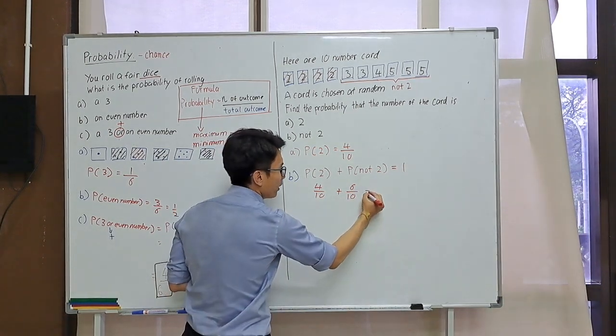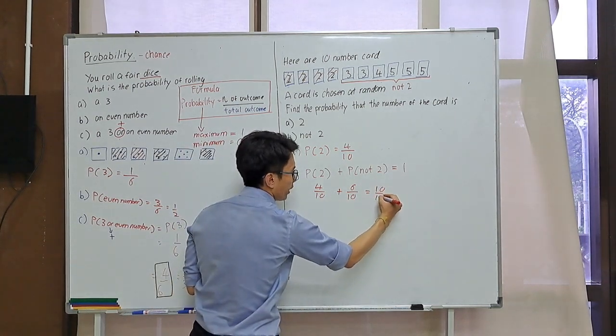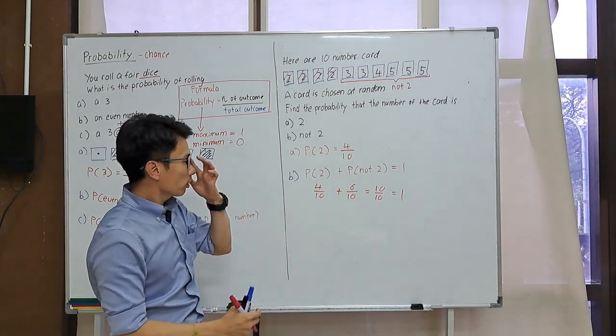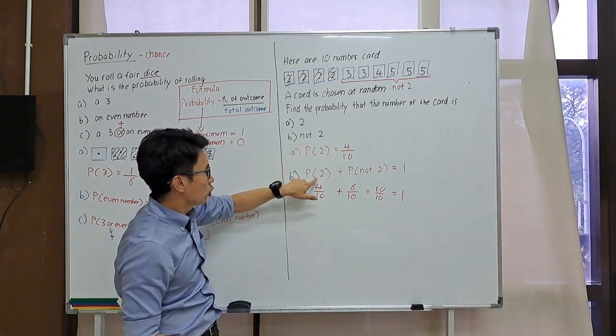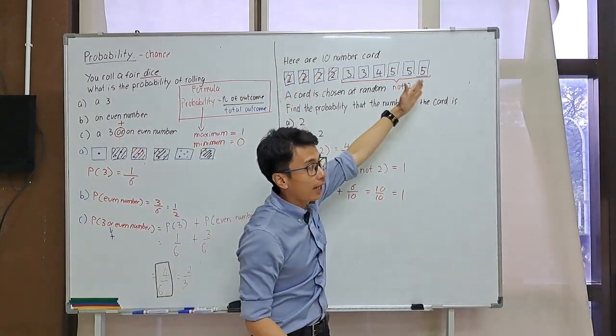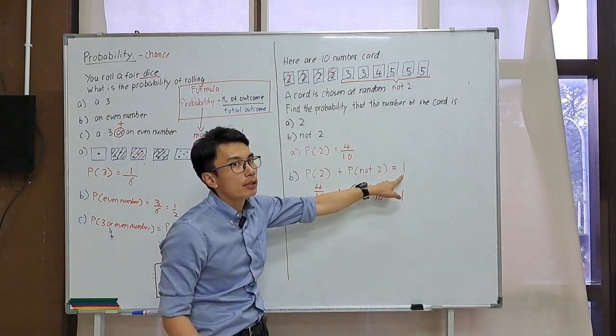And if we add this up, I will get 10 over 10, which is 1. So if I have the probability of 2, added with not 2, I am including all the cards over here, so it will equal my maximum probability.